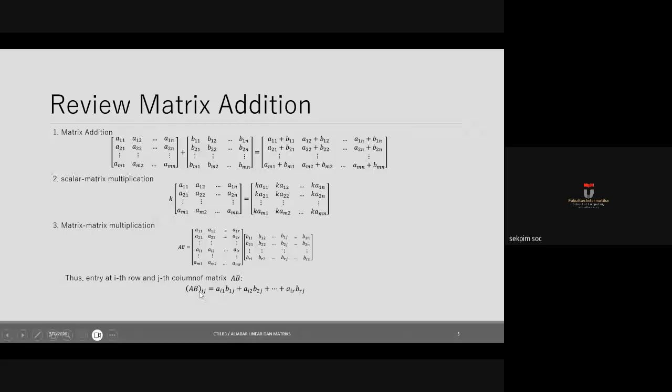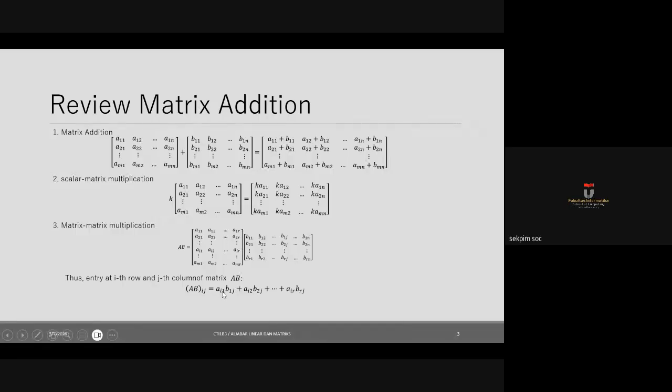Entry ij means, if you do the multiplication, the entry of the resultant matrix AB at location ij will be equal to this one.